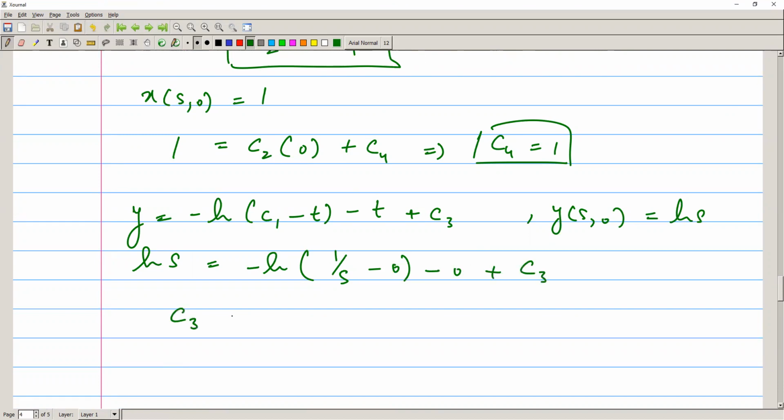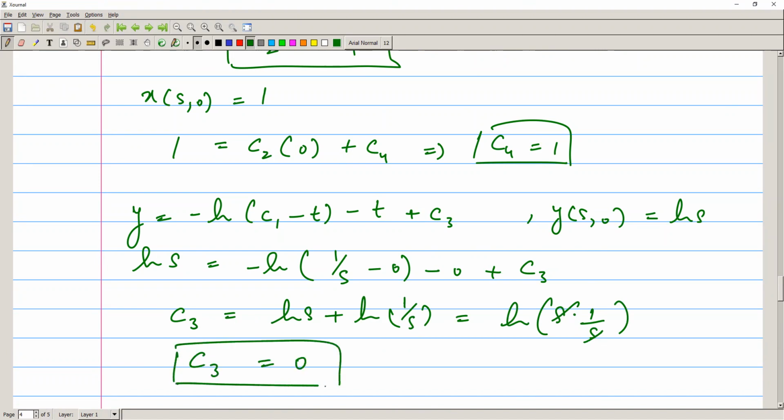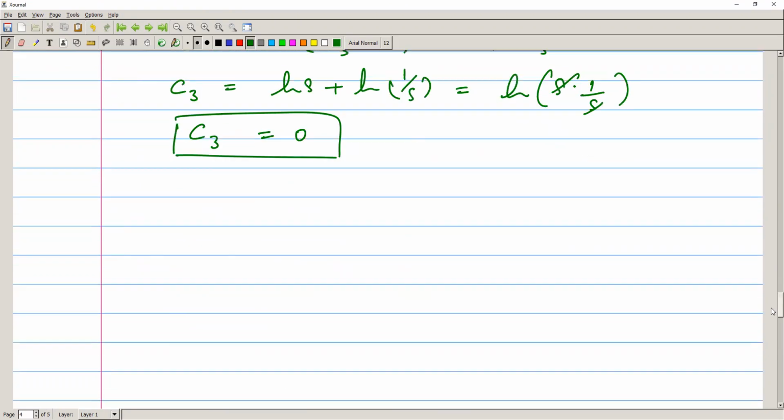So now we can see that c3 is equal to ln s plus ln 1 over s, and this is equal to ln s times 1 over s. s and s will cancel out, so c3 will be equal to 0 because ln 1 is 0. So now we have found all constants, now we'll plug these constants into the equations.